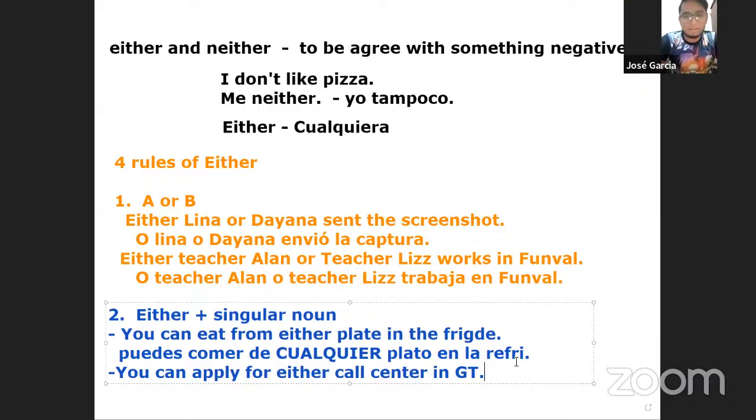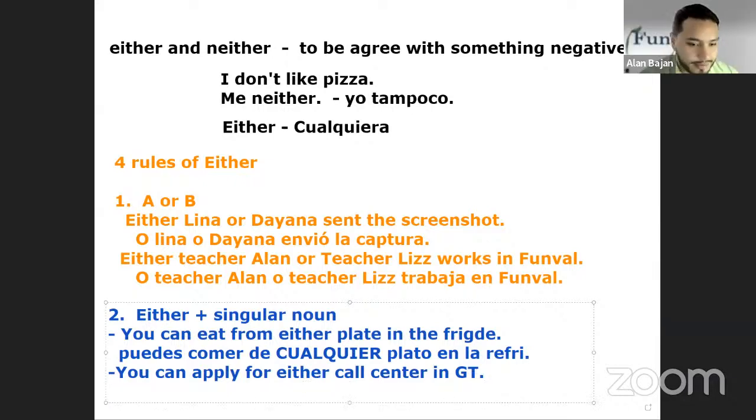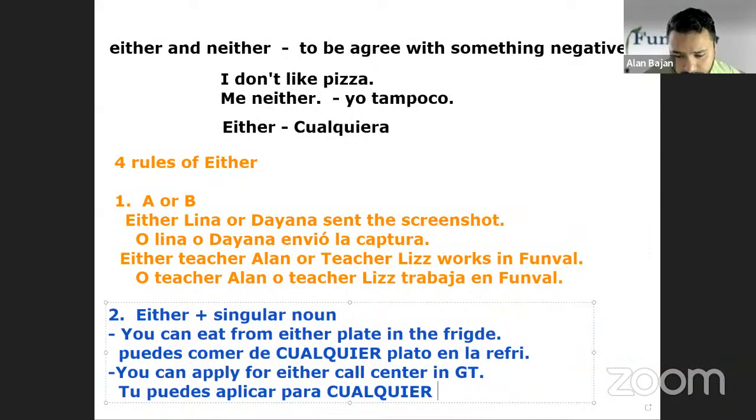You can apply from either call center in Guatemala. We will use call center because we use call center in Spanish. No decimos, voy a trabajar en un centro de llamadas, por eso aprendo inglés. No, we don't say that. We say call center, right?